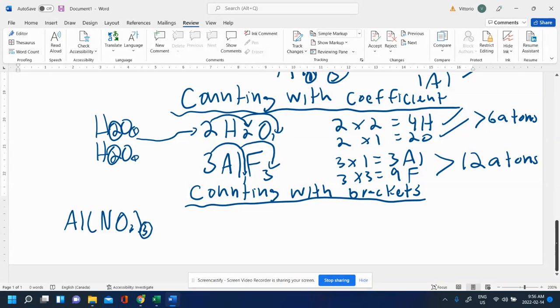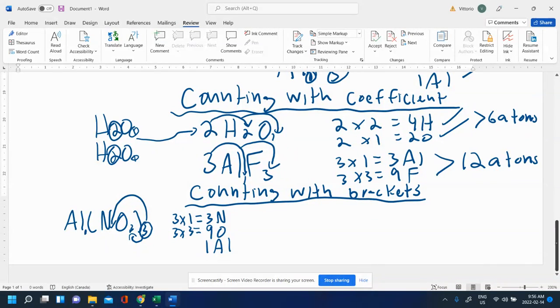So in this case, if I'm counting nitrogen, I have 3 times 1. It's 3 nitrogens. Oxygens, 3 times 3. That's 9 oxygens. Aluminum is not in the bracket, so it's 1. So 1 aluminum. Then you can add them up for your total, 13 atoms total.